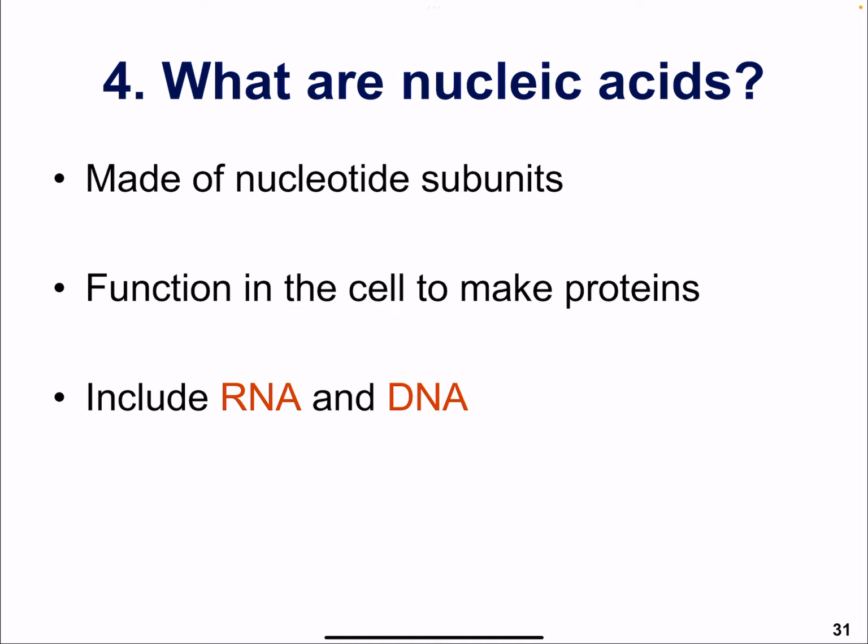Now, the nucleic acids. What are nucleic acids? Nucleic acids are made up of building blocks that are called nucleotides. I want you to remember that. These nucleotides come together and form a sequence.